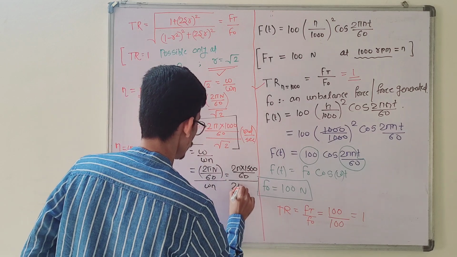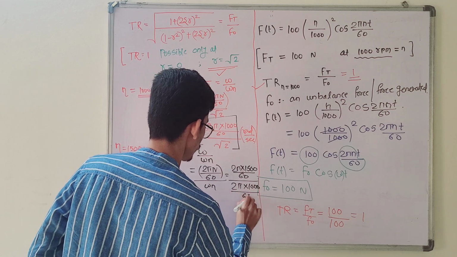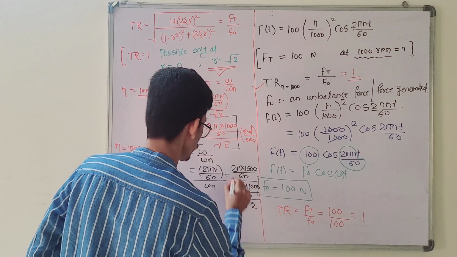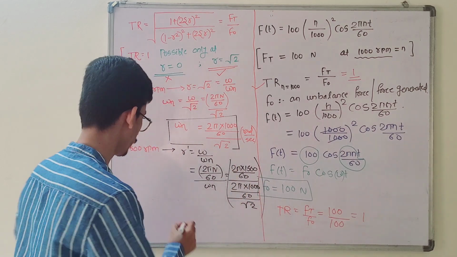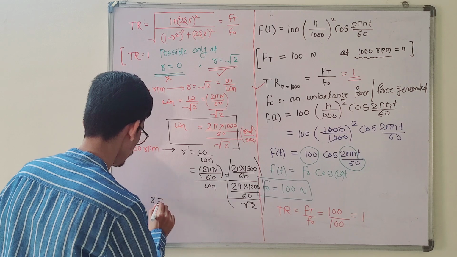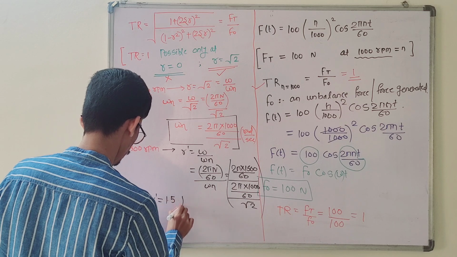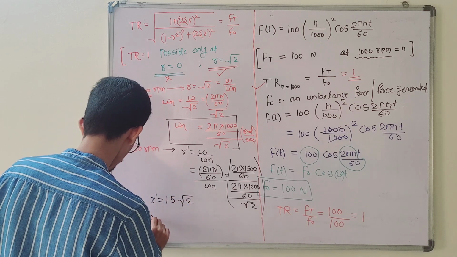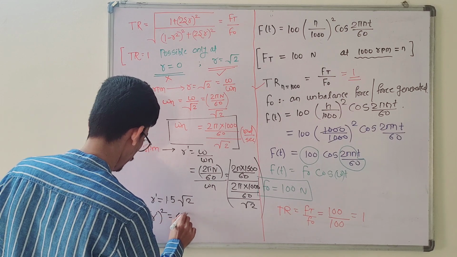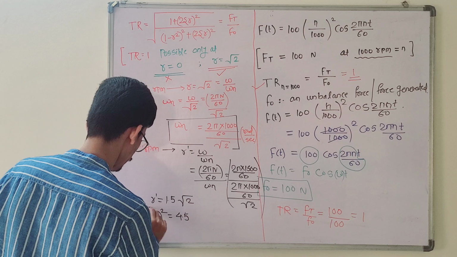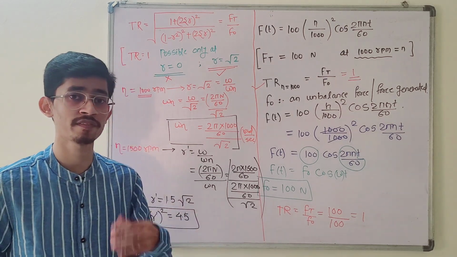That is 2 pi into 1000 by 60 divided by root 2. If you solve this entire expression, you will get r prime as about 1.5 root 2, and if you take the square, r prime squared is equal to 4.5. So we have found r prime as well as the square of r prime.